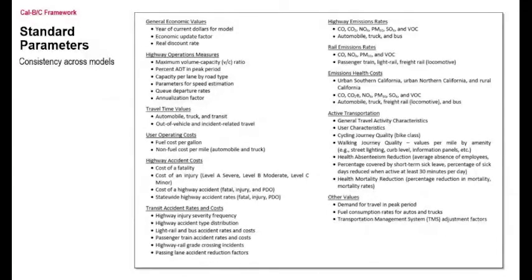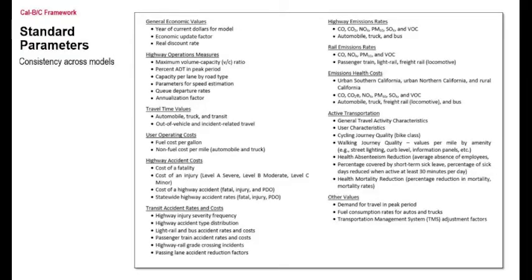Here are some of the standard parameters used across the models. So you have general economic values, highway operation measures, like your maximum benefit cost, vehicle VC ratio, percent ADT in peak period, as well as travel time values, highway accident costs, and user operating costs.